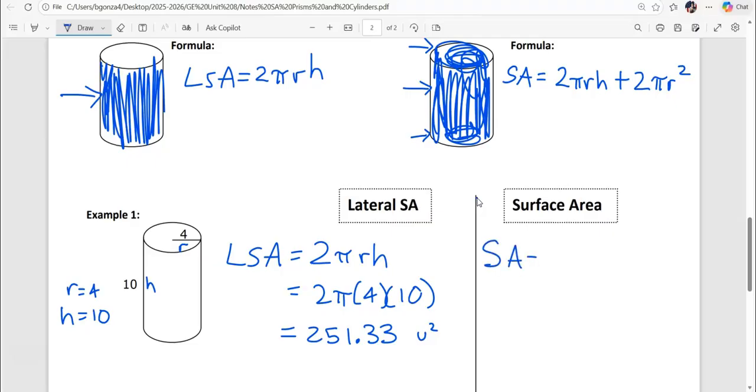Okay, regular surface area, 2 pi rh plus 2 pi r squared.